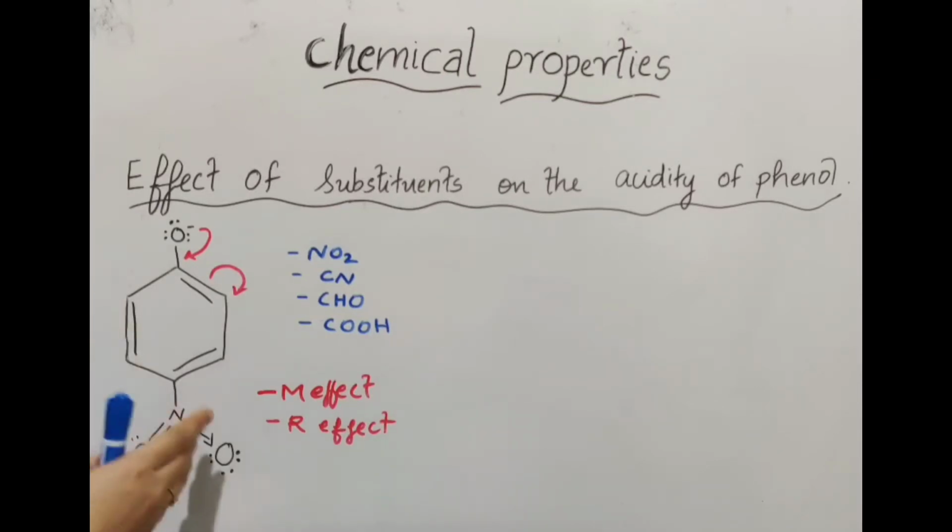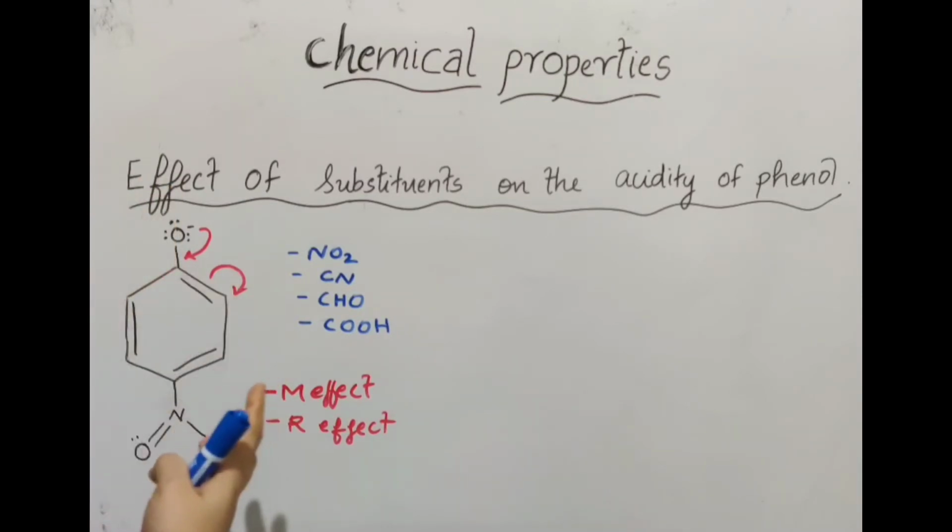That is, the acidic strength of phenol is much more pronounced when an electron withdrawing group is present at the para position or at the ortho position.